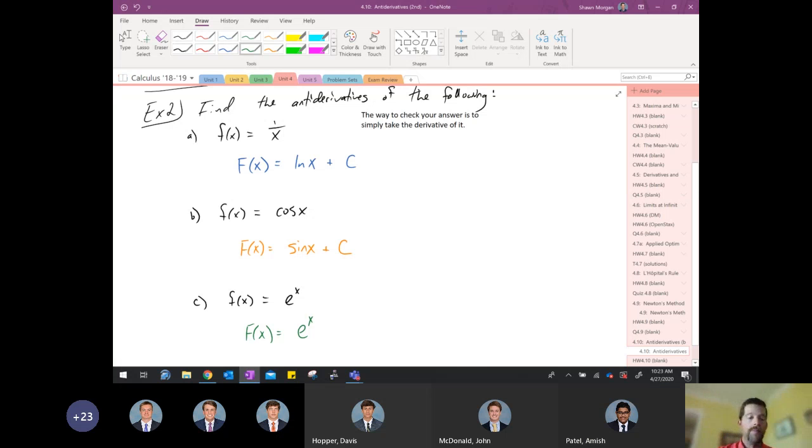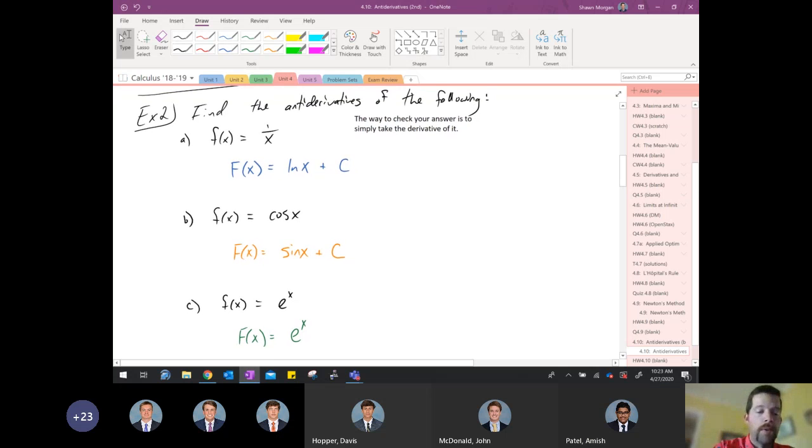Very good. So in each of these examples, look at a couple of the things that we note. First of all, the way to check your answer is to simply take the derivative of it. Don't forget to add c. All caps rage. Don't forget to add c.